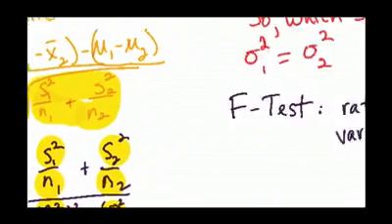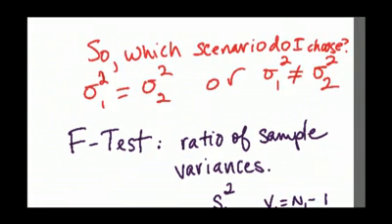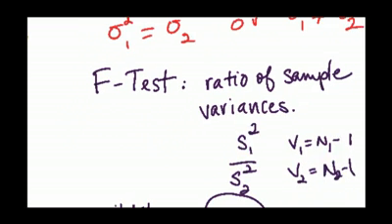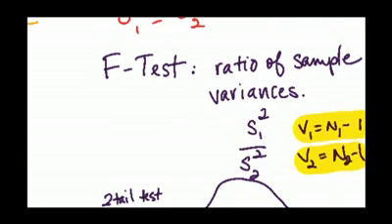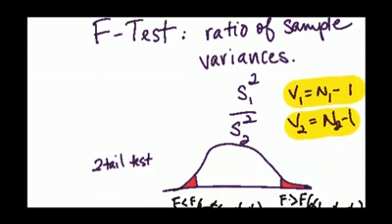Well, the question then becomes an F-test scenario in which we have to determine if the variances indeed are equal or not equal. So we do a ratio of the sample variances with the degrees of freedom of the numerator, V1, and degrees of freedom of the denominator, V2.